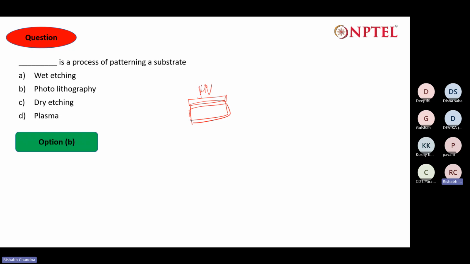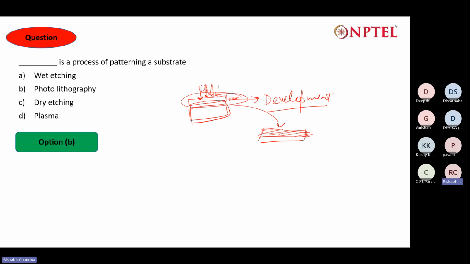We put that for a very long time and then we keep it for development. Now, after development, the substrate will have an additional pattern of the thing that we wanted to develop on the substrate.